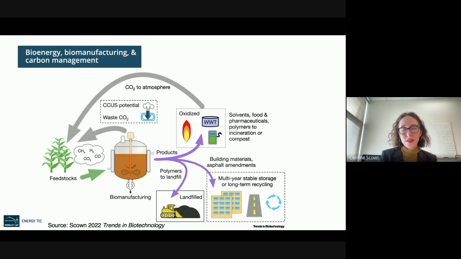So even if any one of these products is not produced at a particularly large volume, and if you worked out the greenhouse gas emissions, it'd be a small fraction of global emissions, we have to have a full suite of solutions so that we don't need crude oil anymore, and ultimately don't need as much natural gas.